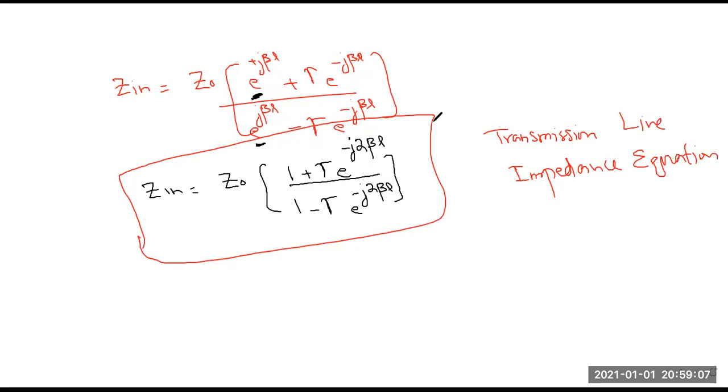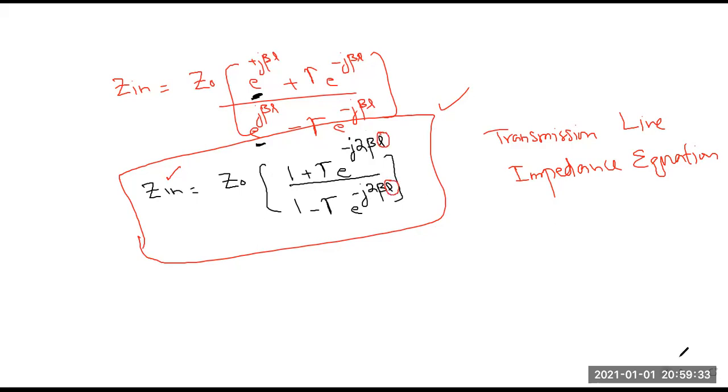So basically, with the help of this equation, we will be able to find out impedance at any point on the transmission line. All we need to identify is at what position we are finding L, at what position we are finding Z. So you can clearly see that this Zn will depend upon L.